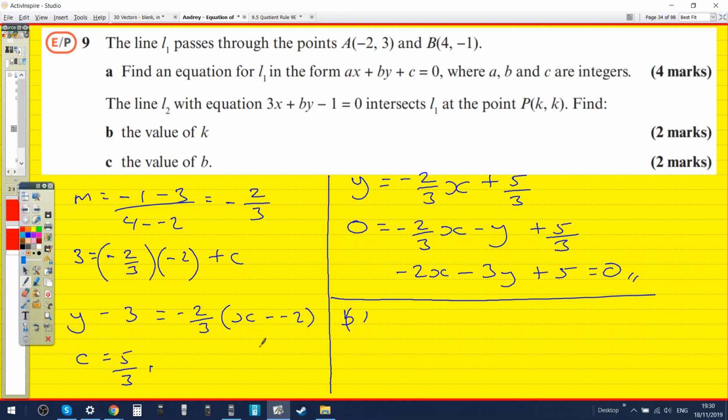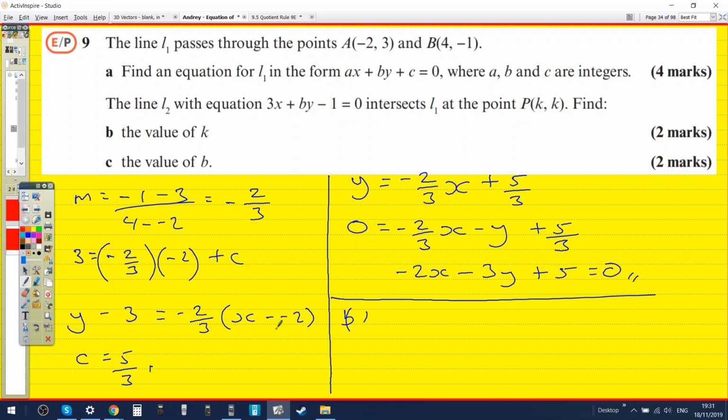Okay, how about B? Is that like the discriminant or something?